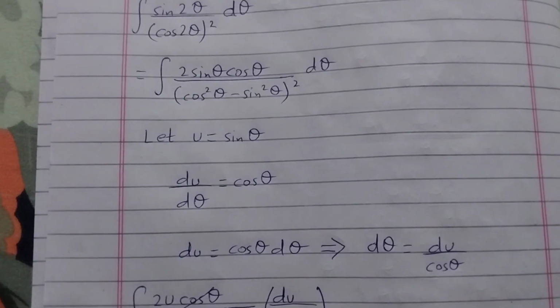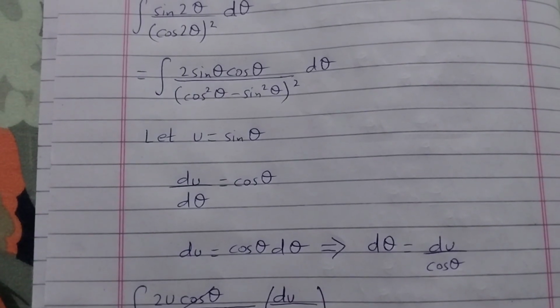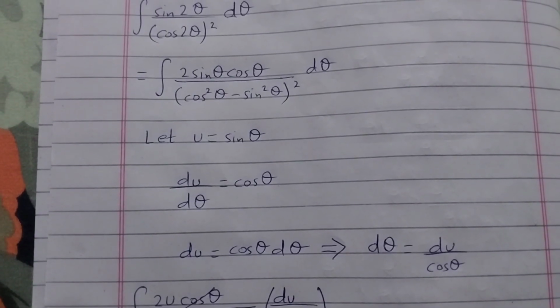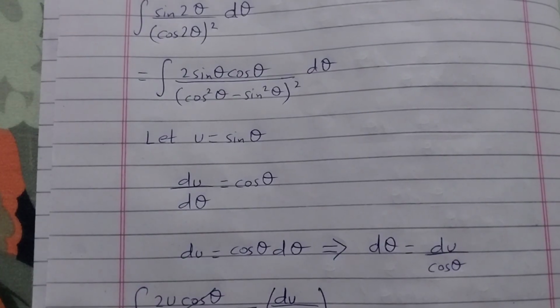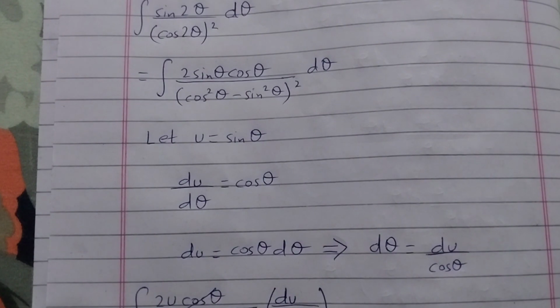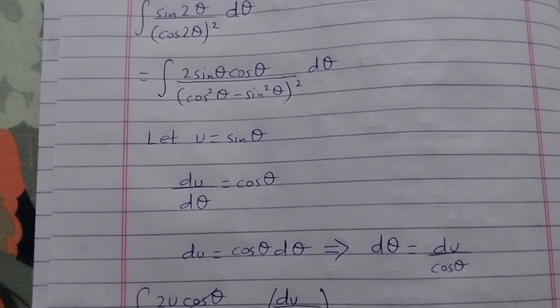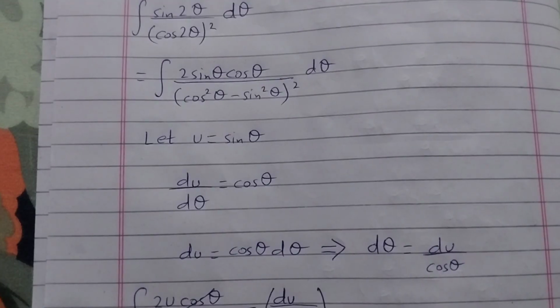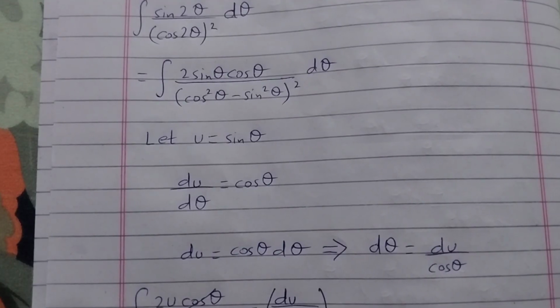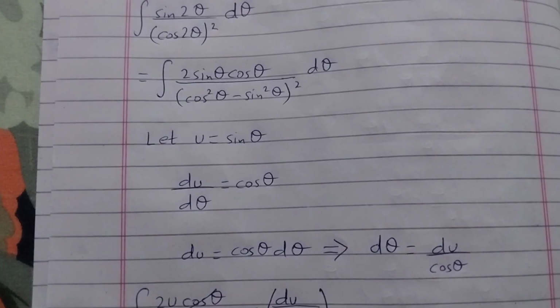I am calling sine theta as u, and we also need to replace d theta, so we take the derivative of this equation. Taking the derivative with respect to theta, du over d theta is equal to cos theta, and du is equal to cos theta d theta.